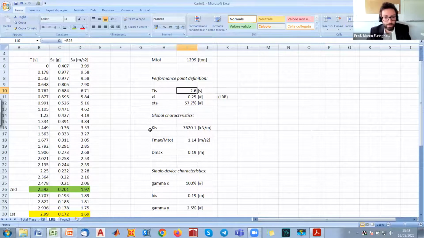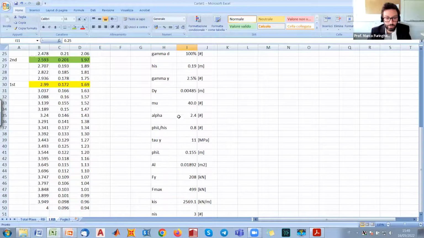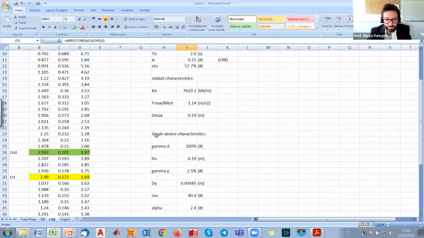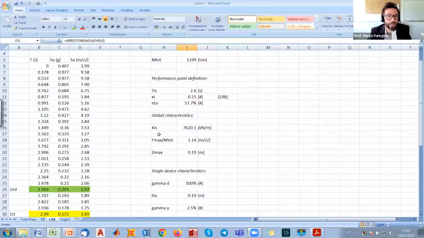What we can do is modify the damping. If we want to consider more isolation devices, 3 is something which cannot be applied. What we should increase is also the force response. So maybe we need a lower value of damping.